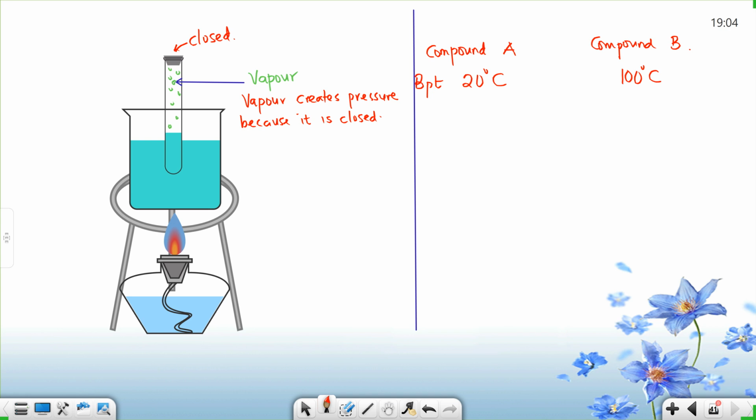Which one boils first? Your temperature is rising. Is it the one that is 20, or B, which is 100? A lady says A. I need a lot of answers. If you are lost, please let me know.